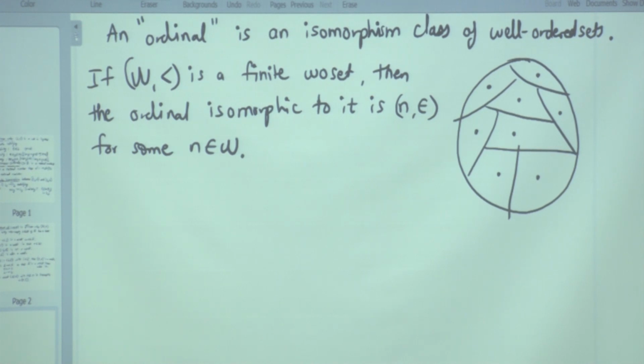Okay, so now I am going to define a new concept, and that's called a transitive set.